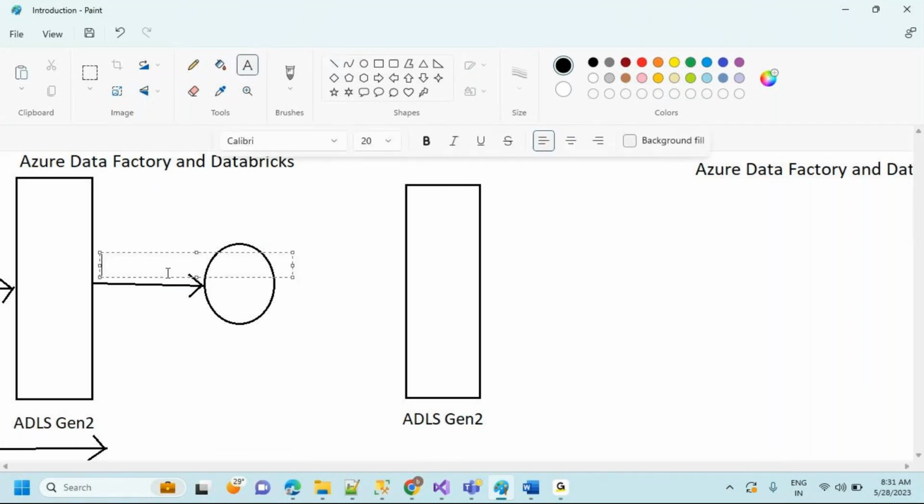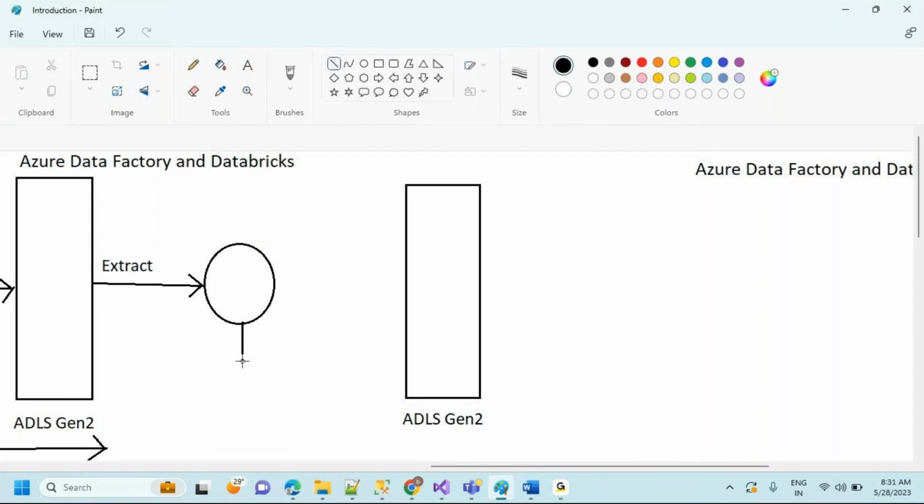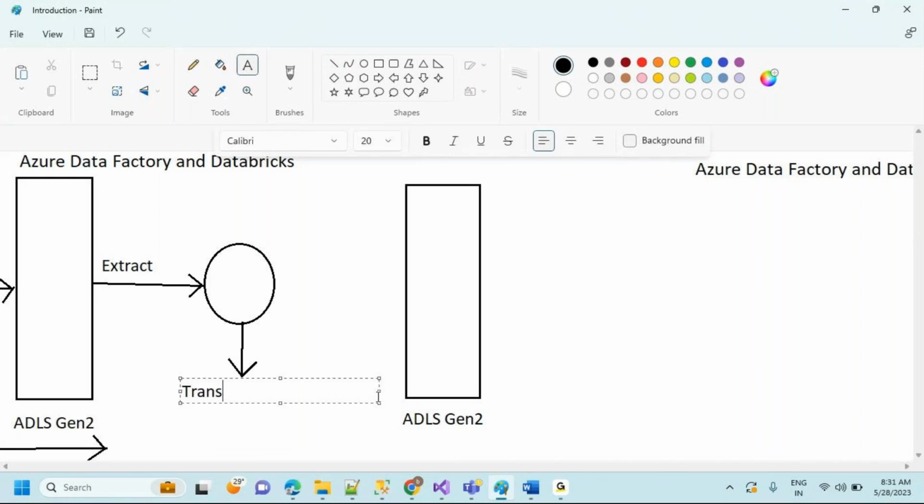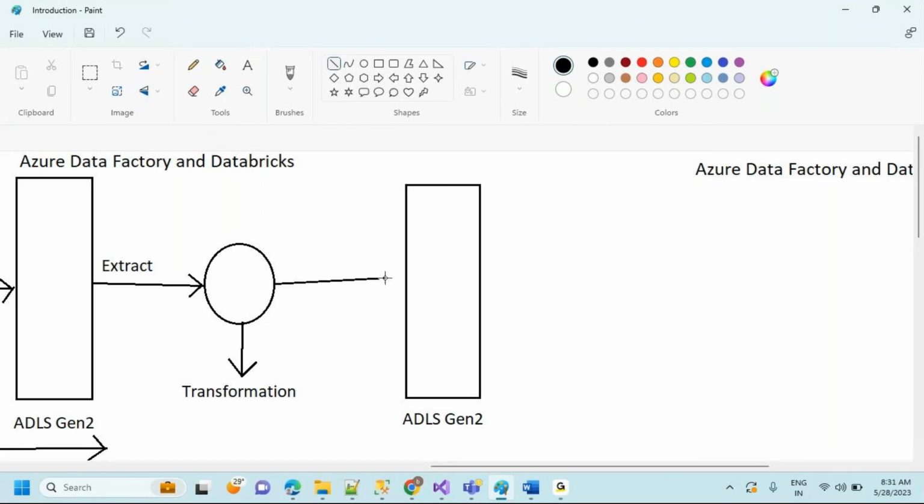We can say the process of taking data from this ADLS is extract. Now this is the place where we are going to do the transformation, and then we are going to load the data into Azure Data Lake Storage Gen 2.